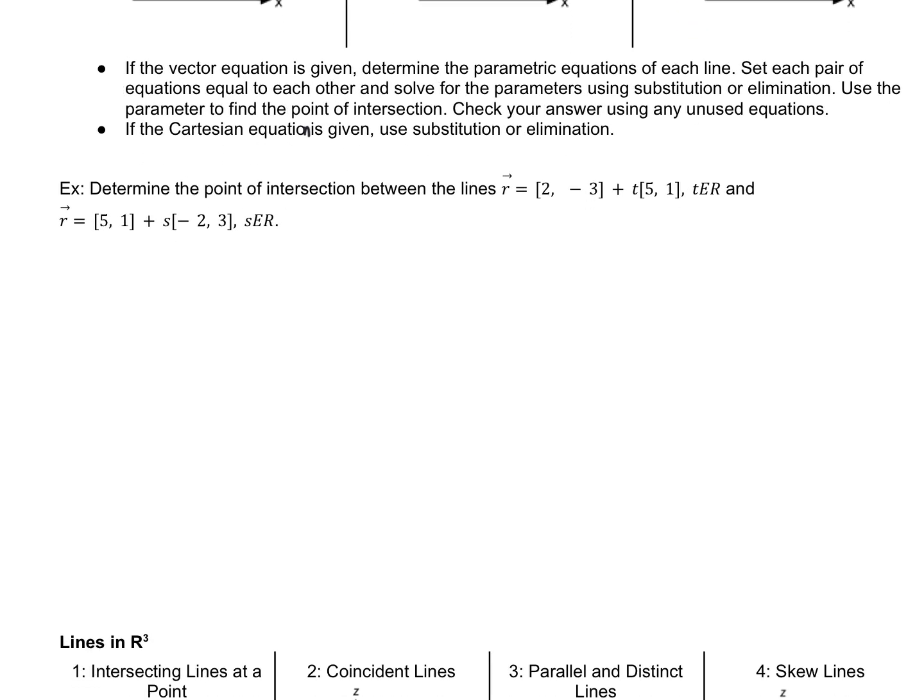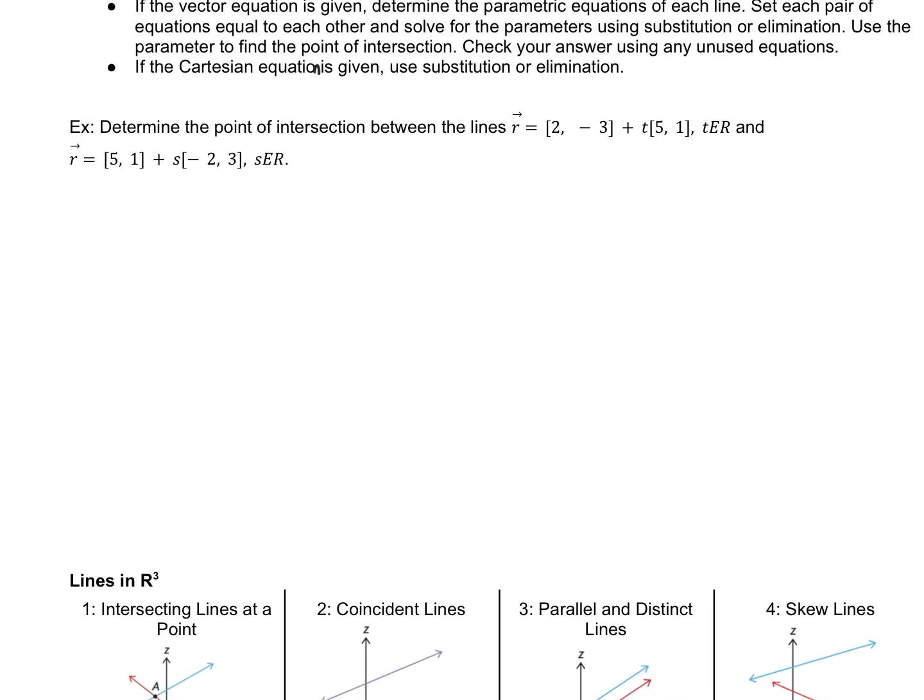So, first question, we're going to determine the point of intersection between the lines that and that. So, I'm going to look at the direction vectors. I cannot multiply one by a scalar to get the other. These lines are not parallel. So I'm going to start off by writing the parametric equations for each one.